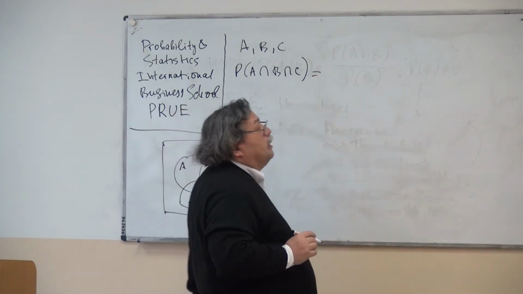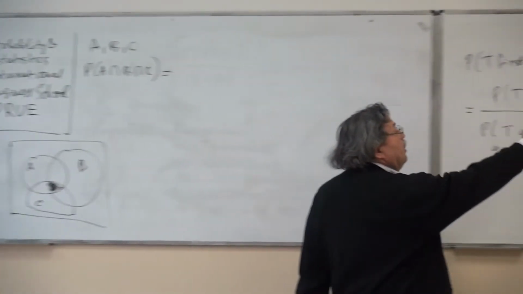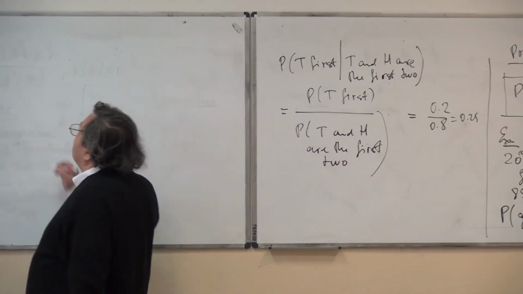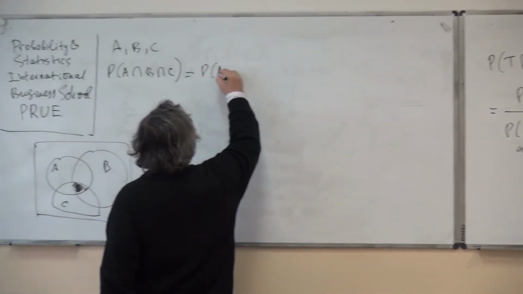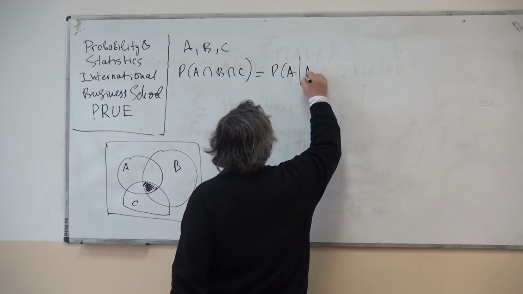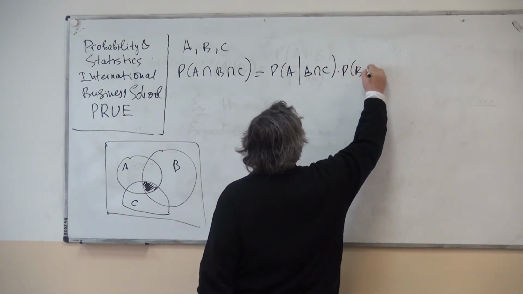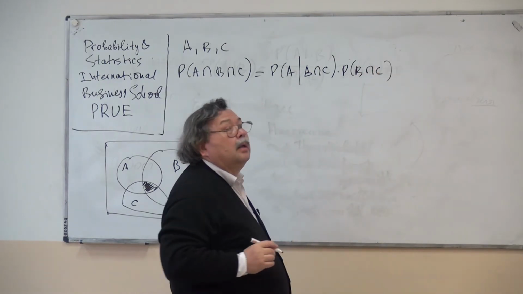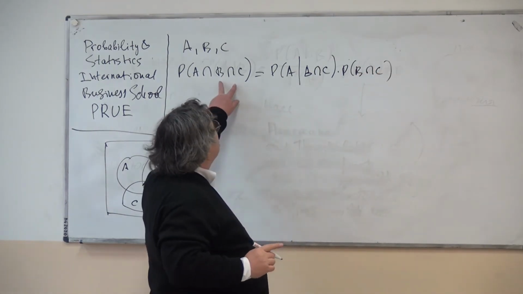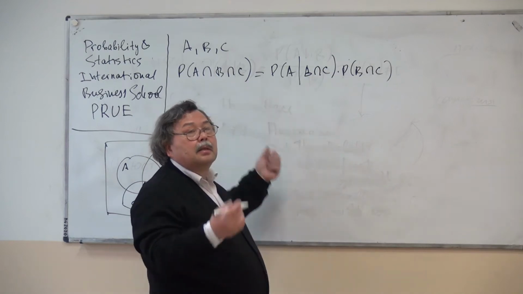Okay, using this formula once, we can write it this way. Probability of A given B intersect C times the probability of B intersect C. Okay? Do you notice that I use B intersect C as a condition here?